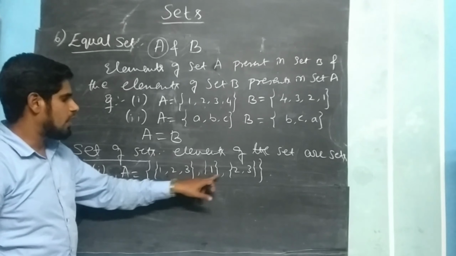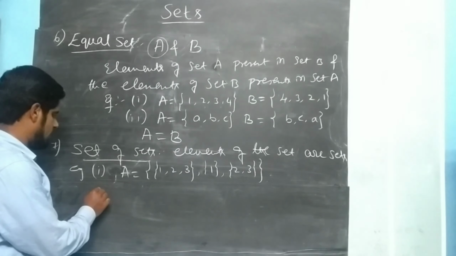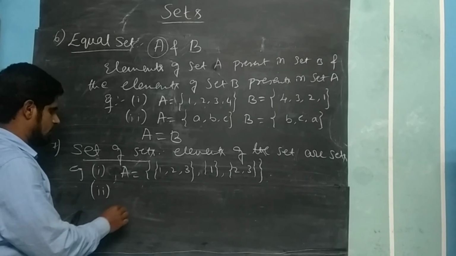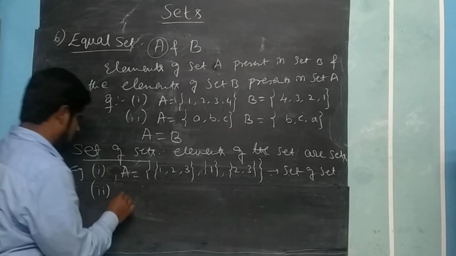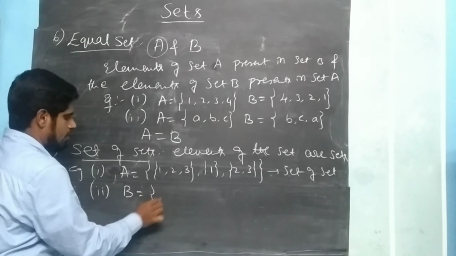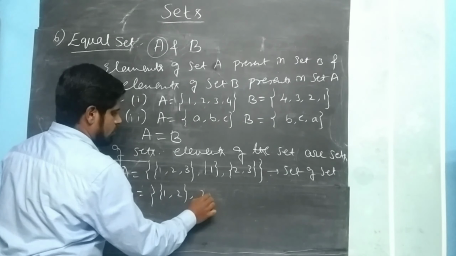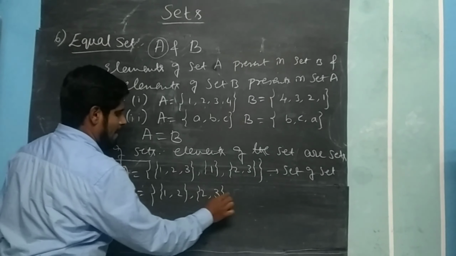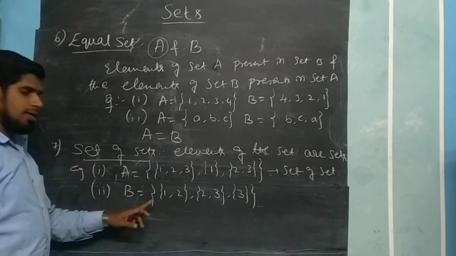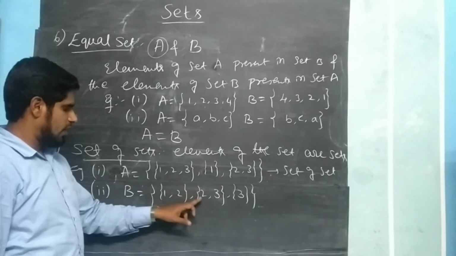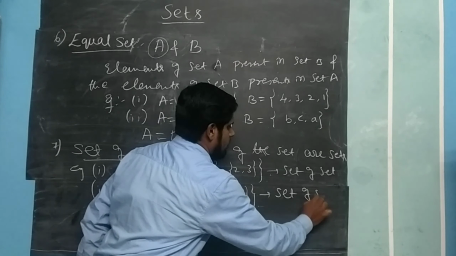So these are the elements of set A and they are again sets. So this is a set of sets. Another example, B is {1}, {2}, {2, 3}, {3}. This is again a set of sets, because each and every element is a set here.